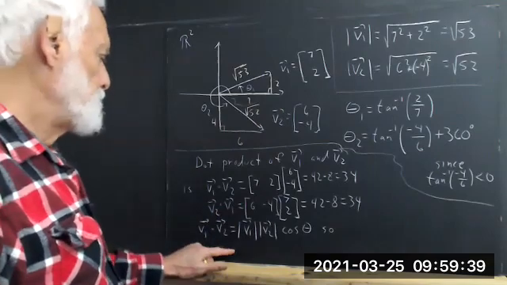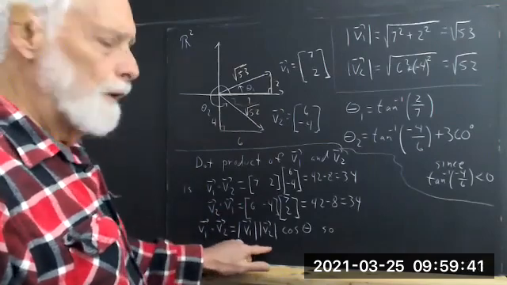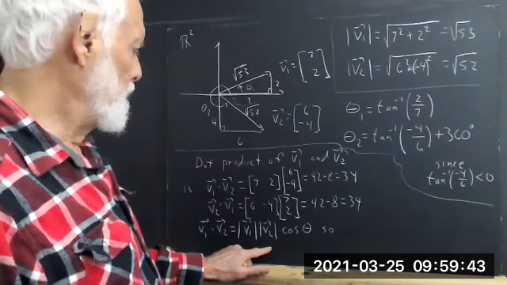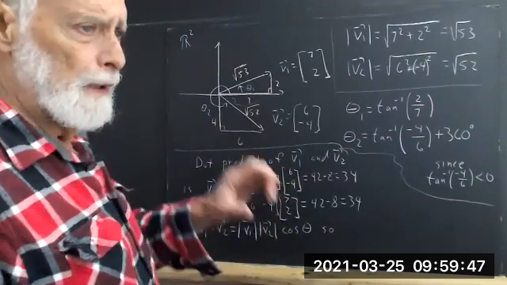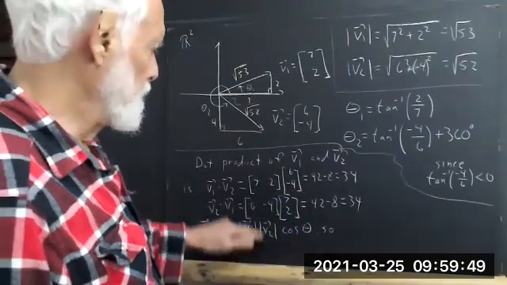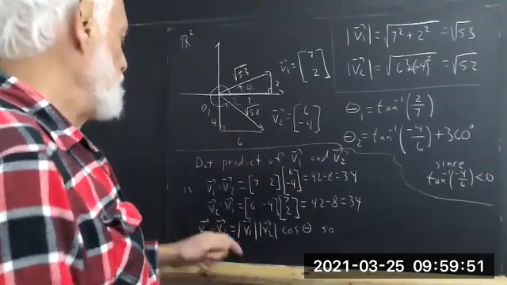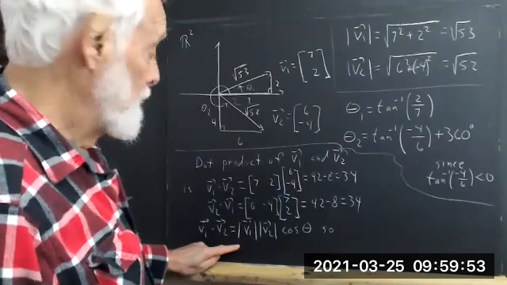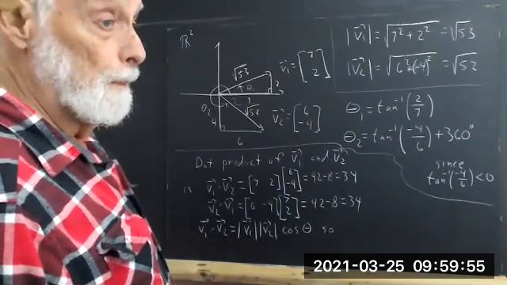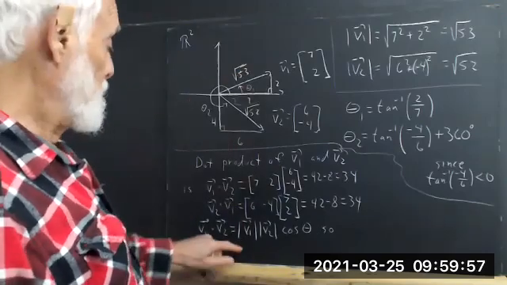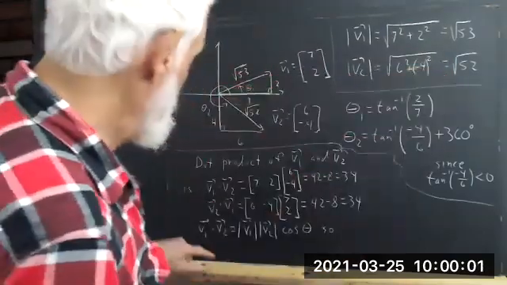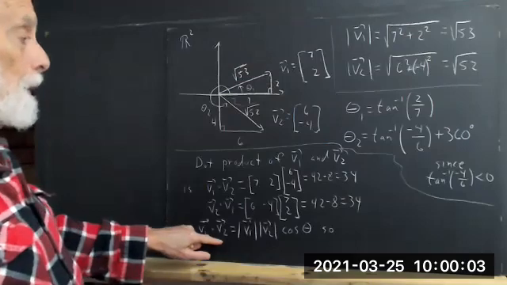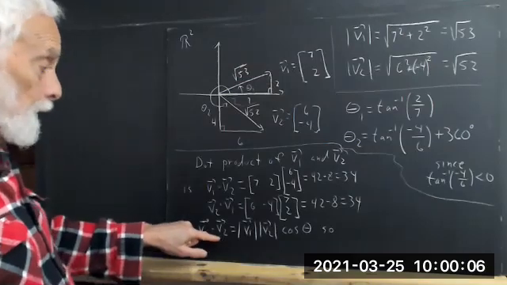Okay. So anyhow, this is what we mean by dot product, or if you like, this is what we mean by dot product. They mean exactly the same thing. It's just two different ways of looking at it. Now, because of this, if we know V1 and V2, as we do here, we know what the magnitude of V1 and V2 are. And we know what the dot product is. The dot product here is 34.